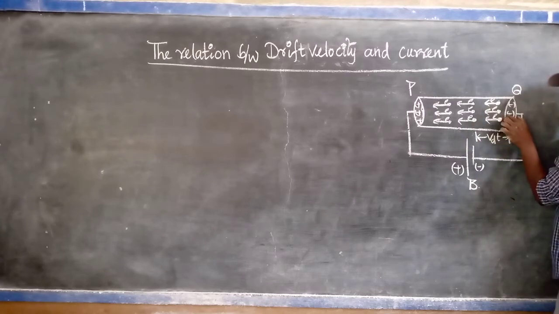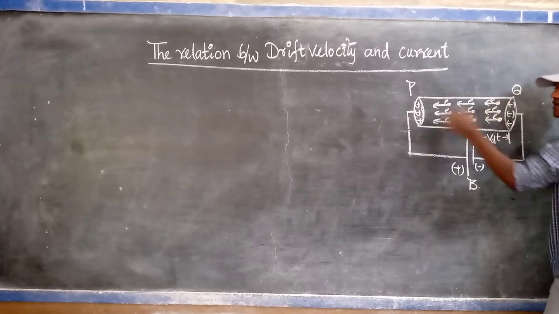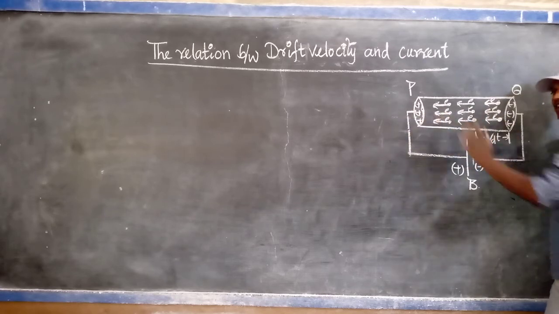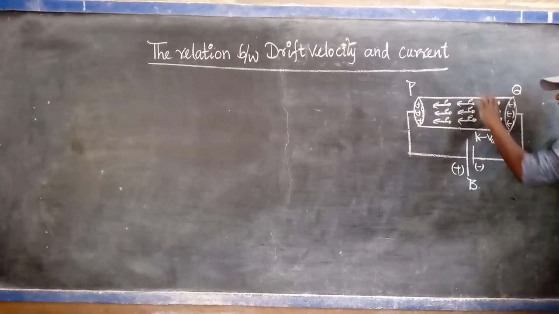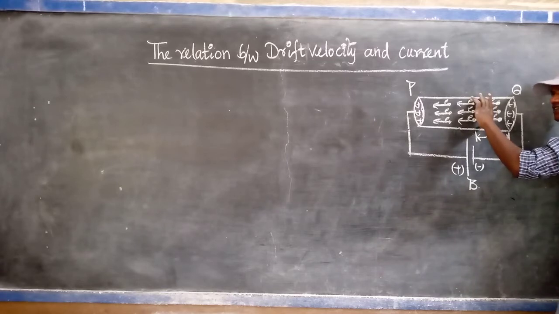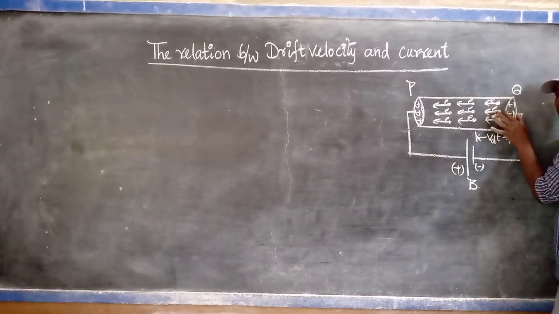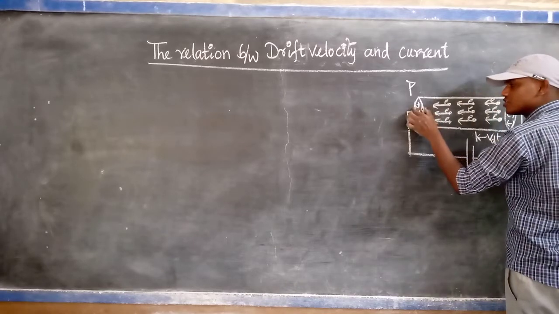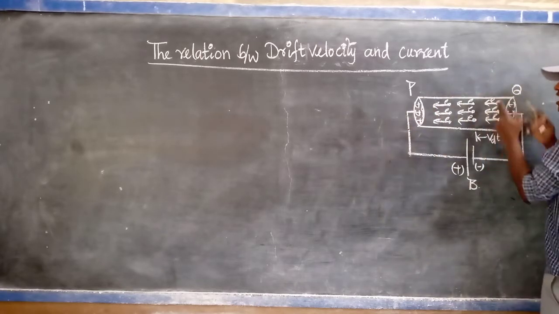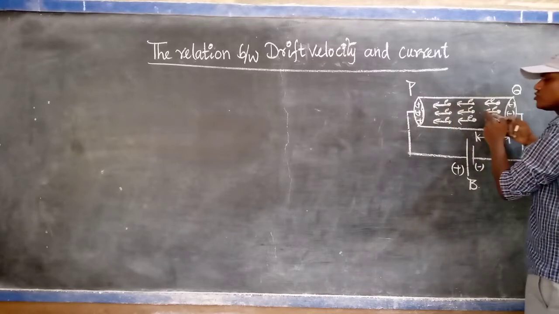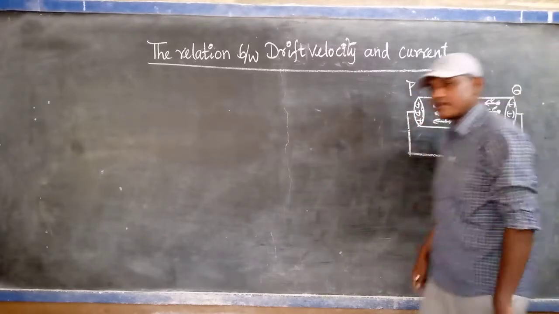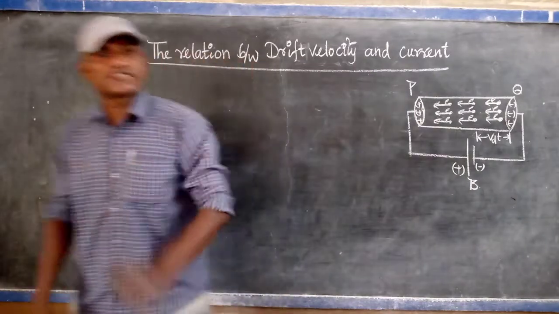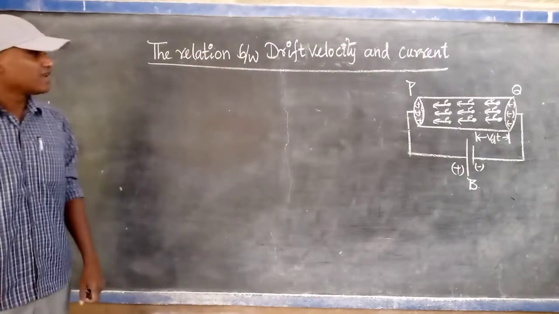Q end also has the negative charge. Like charges will be repelled, and unlike charges will be attracted. That's why every electron present in the conductor is repelled by the negative charge created at the Q end and attracted by the positive charge created at the P end. That's why every electron will move towards the P or positive end with a certain velocity. That velocity is called drift velocity.